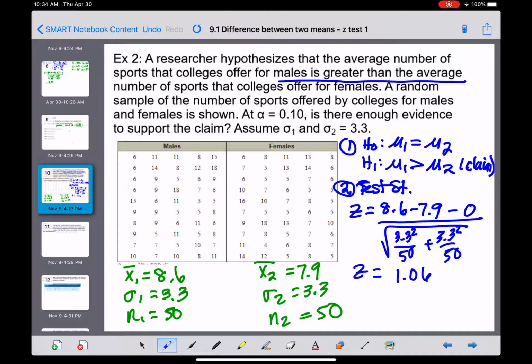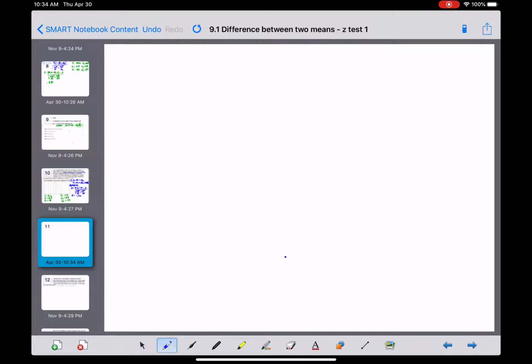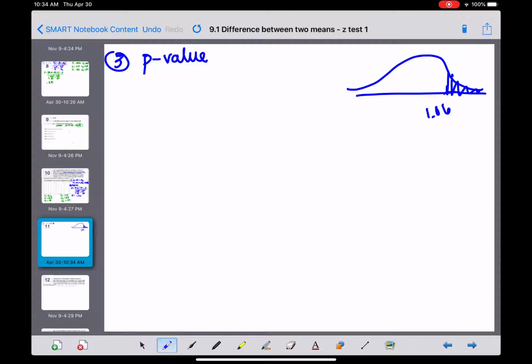Okay. Then for our third step, this is the p-value. That's where we go to the table. Remember that this is a greater than, so it's a right tail. We found our test statistic is 1.06, and I'm looking for the area under the curve to the right. When I look up the value in the table, I get 0.8554.